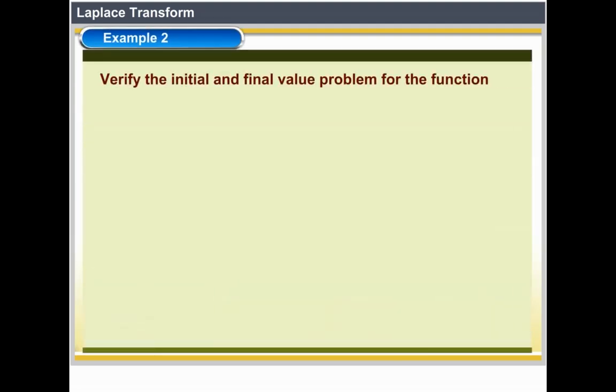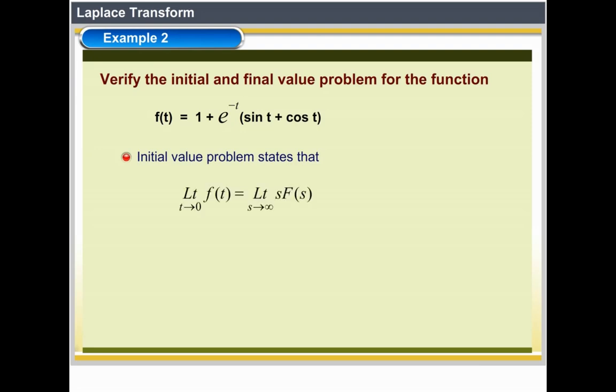Example 2. Verify the initial and final value theorems for the function f(t) equals 1 plus e^(-t)(sin t plus cos t). The initial value theorem states that the limit as t tends to 0 of f(t) equals the limit as s tends to infinity of s F(s).